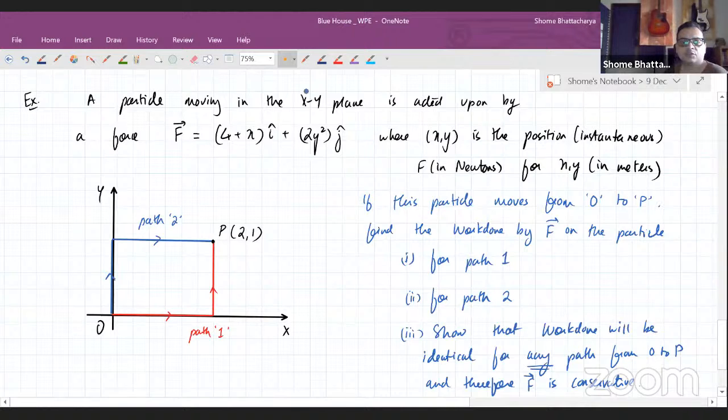So let's understand this question in detail. Make a note of the question first, then I'll explain how to work this out. The x and y coordinates are given in meters over here.